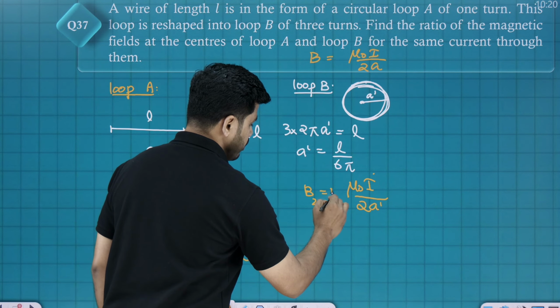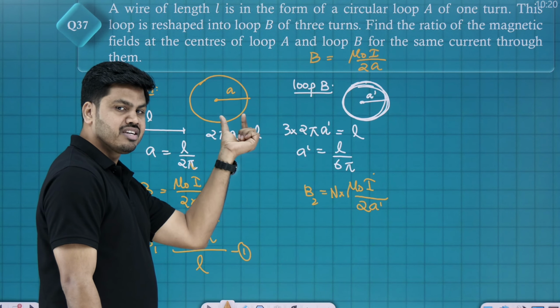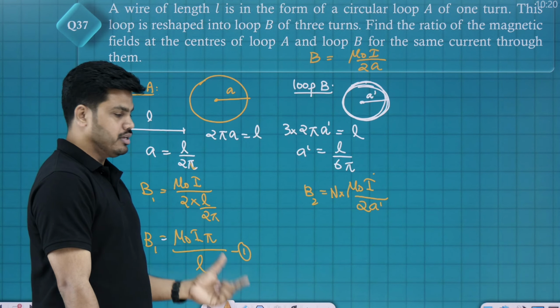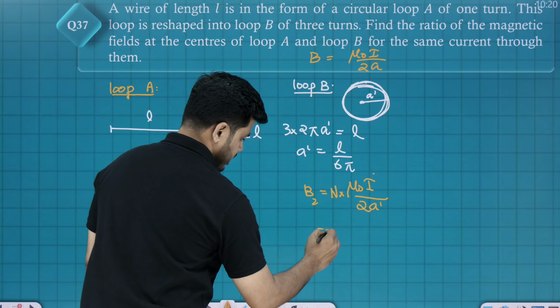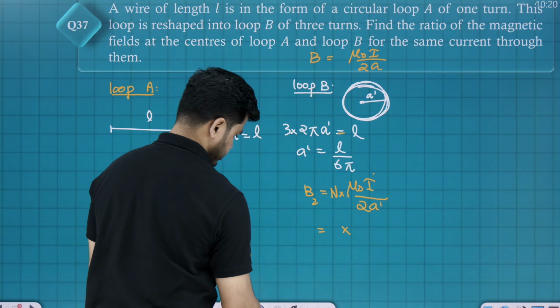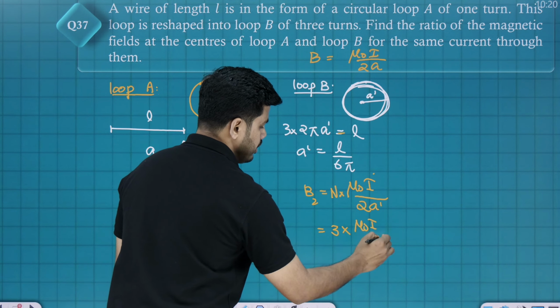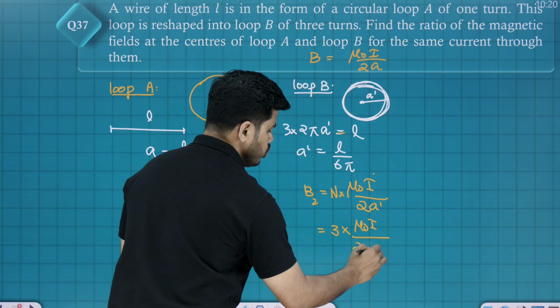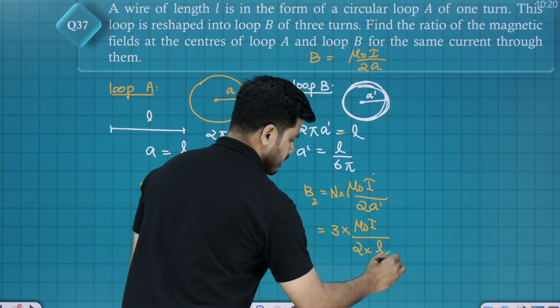So we have to multiply with the number of turns also. Here we had only one turn, single turn. That is why it's just multiplied with 1. If we have n number of turns, that also should be multiplied. So we can say 3 into mu naught I divided by 2 into, what is A dash? L by 6 pi, right? L by 6 pi.